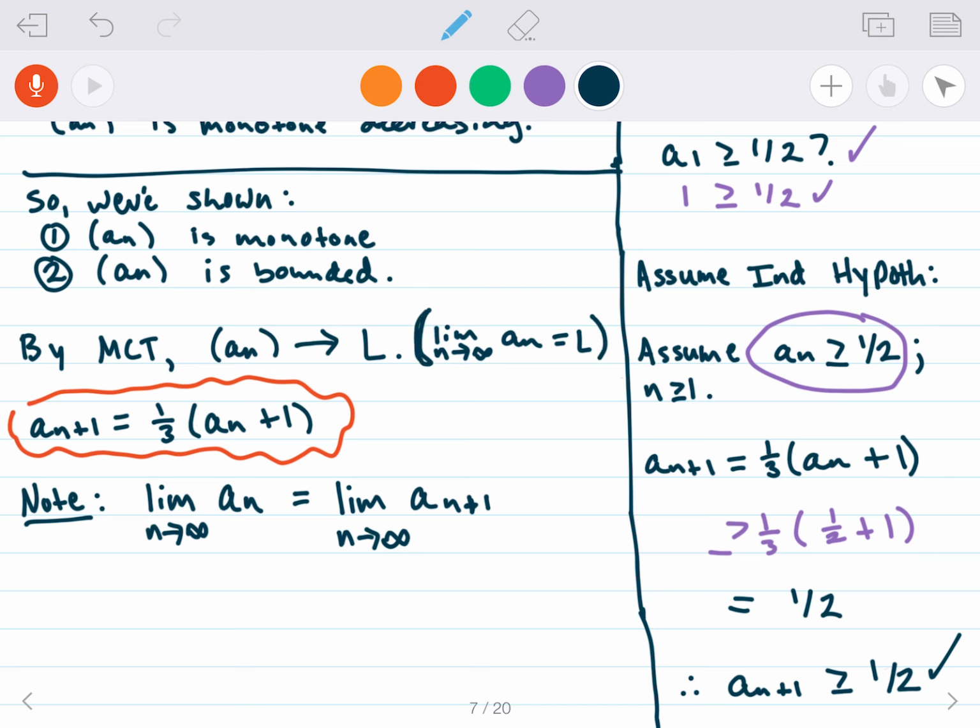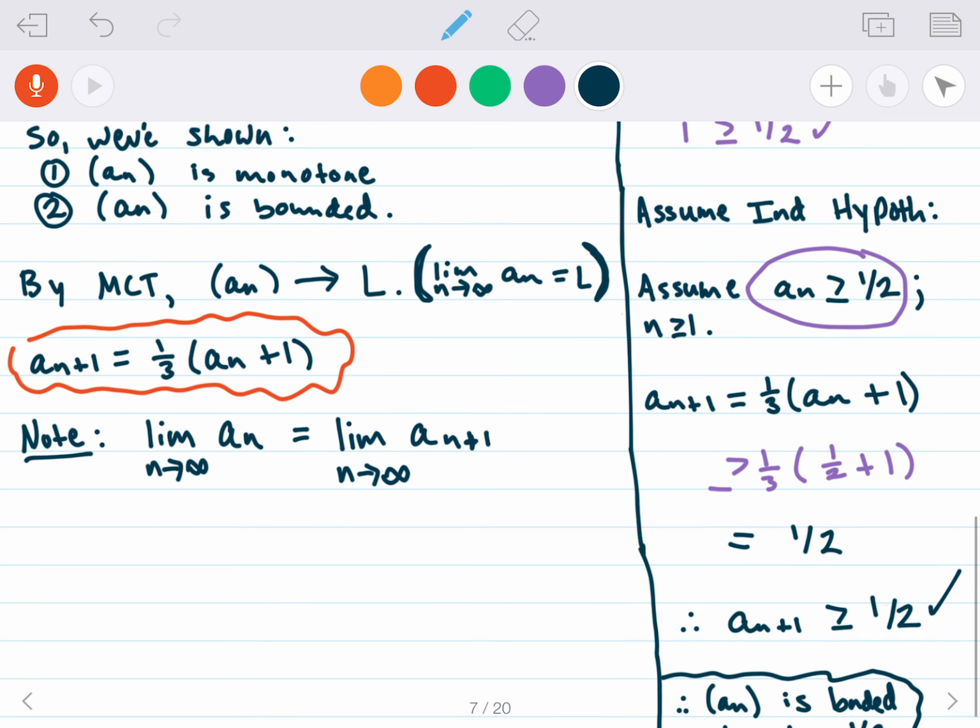That's what that means, to converge to L. Alright, so we're going to use this and take the limit of both sides. So we're going to take the limit as n goes to infinity of a sub little n plus 1, and that's going to equal the limit as n goes to infinity of a third times a sub little n plus 1.